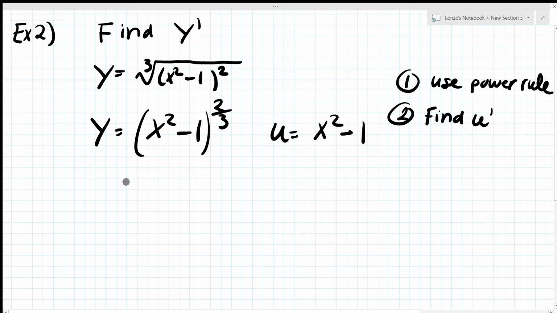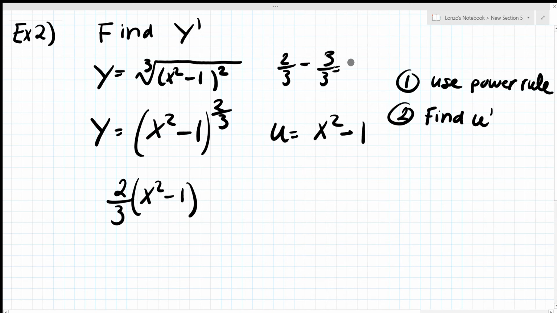So it's 2/3. We leave this the same for right now, x squared minus 1. And then it's 2/3 minus 1, right? Our new power is going to be 2/3 minus 1, but I can rewrite 1 as 3 over 3, right? So 2/3 minus 1 is negative 1/3, and then times it by u.